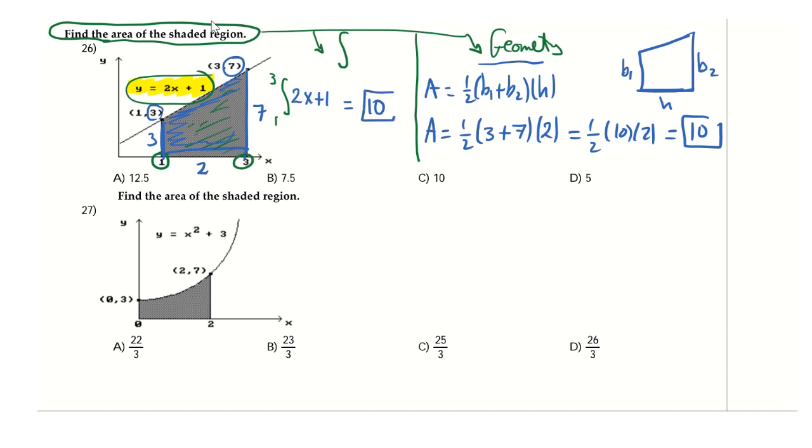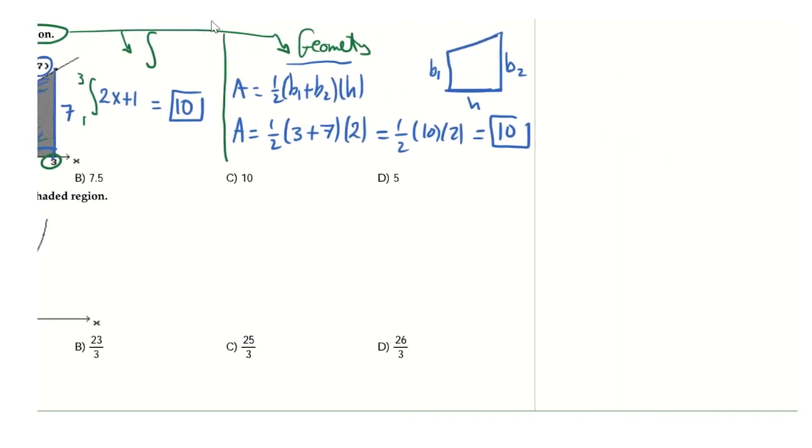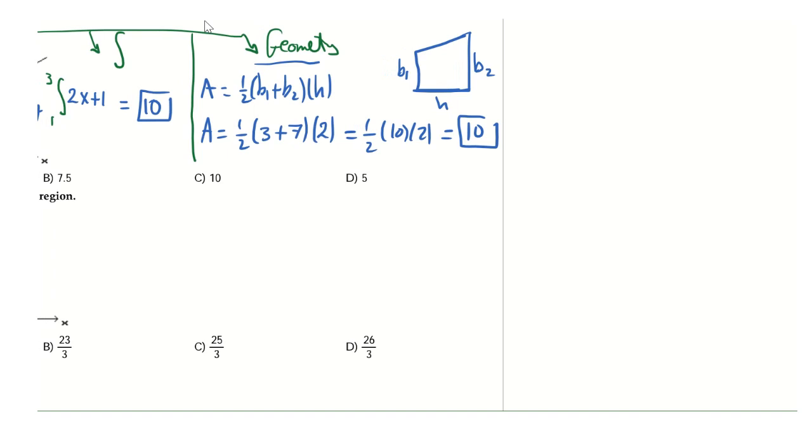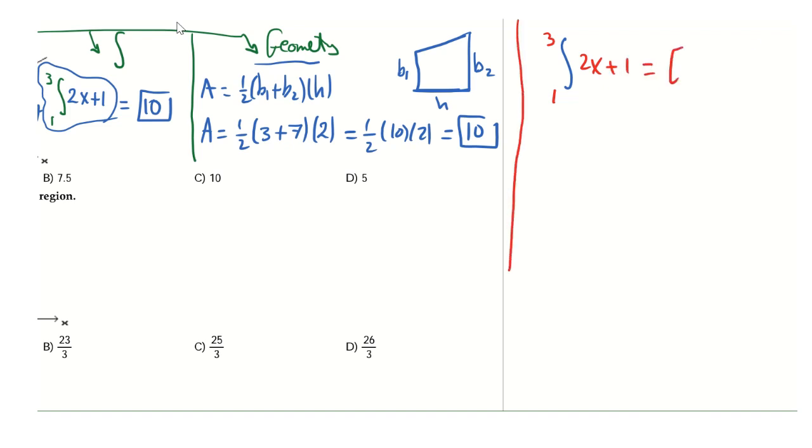So notice that it's exactly the same by using integration or by using geometry. If the question is a free response and he is asking how you figure out that the integral from 1 to 3 for 2x plus 1 is equal to 10, all you have to do is the integration first. 2x to the power 1, I'm going to add 1 to the power, divided by the new power.